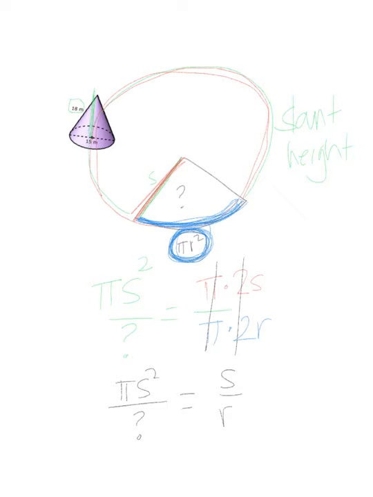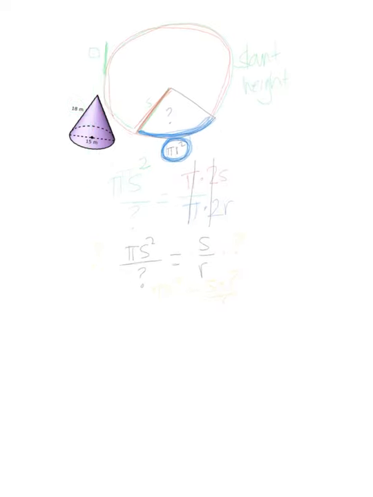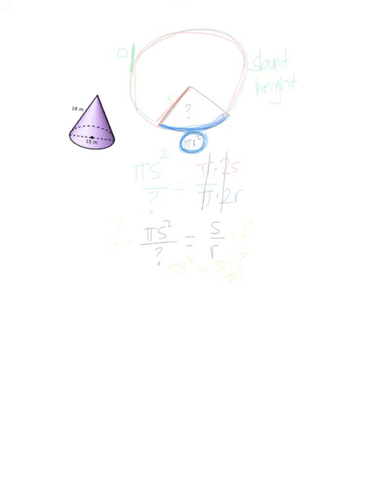So let's see how I want to do this. Let's times by the question mark first. And so I get pi s squared equals s times question mark all over r. Let's see if I can do something here. Yeah, I can kind of make it smaller. Okay, cool. So then I get to multiply by r on both sides.